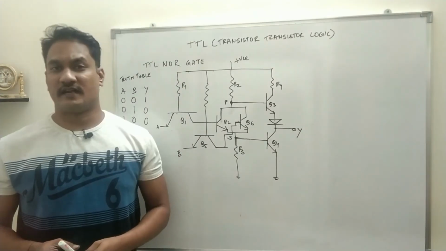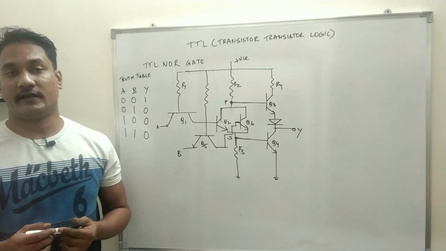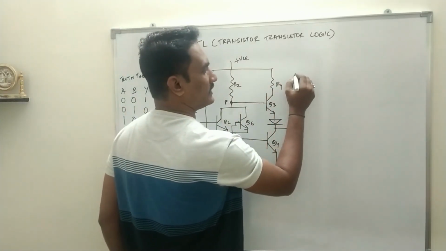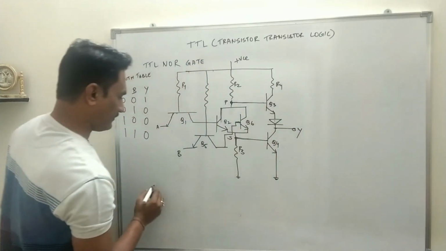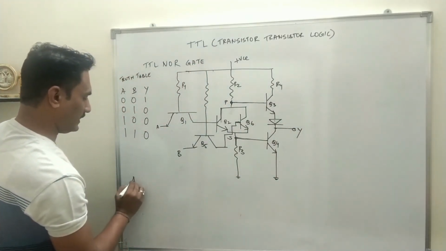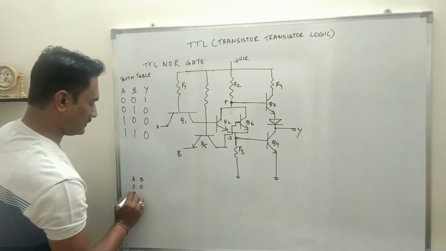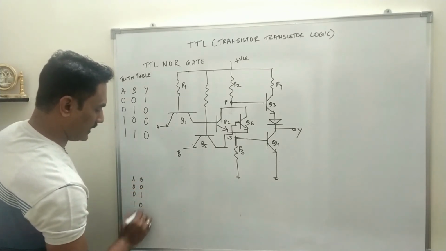Let us try to understand the working of the TTL NOR gate using a truth table. Let us say this is A and B, with possible combinations 0 0, 0 1, 1 0, 1 1.